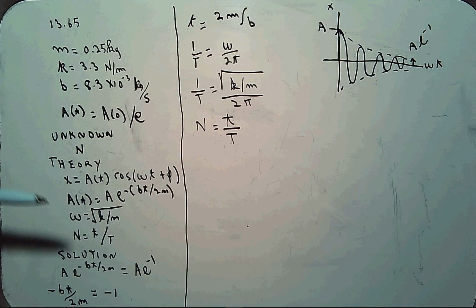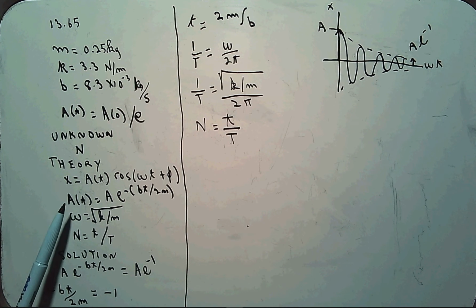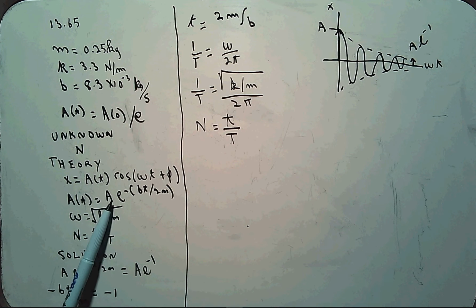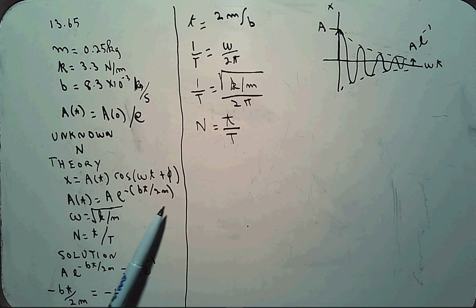Now the only thing we really need to be concerned with is how this amplitude changes with time. And if we have damped motion, then the amplitude is equal to the initial amplitude times the exponential raised to the minus damping constant times t over 2m.